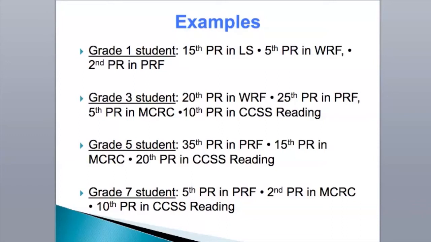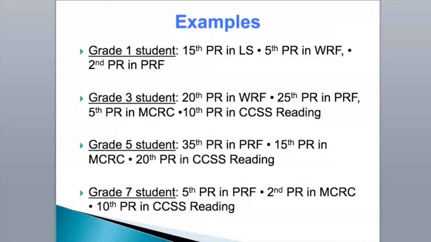In grade 5, you'll see that passage reading fluency is quite proficient, 35 percentile rank on the grade level measures, but in fact that might be too high for monitoring in progress, and indeed the CCSS reading might be the chosen measure, not only because of the percentile rank, but also because of the nature of the measures.